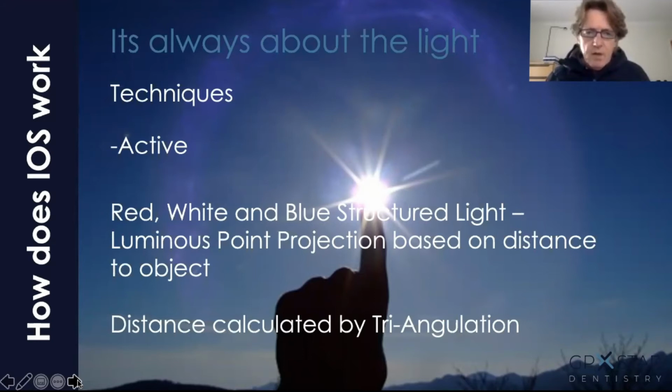And it calculates this by hundreds of thousands, and some of the cameras can do millions, of data points. That's what we call them, per second, or points of interest per second. And this is through a process called triangulation. All of this will be calculated, and it will give you the creation of a surface later on.